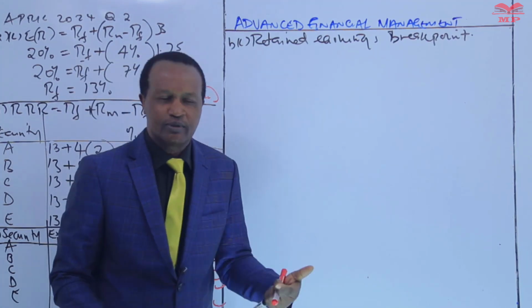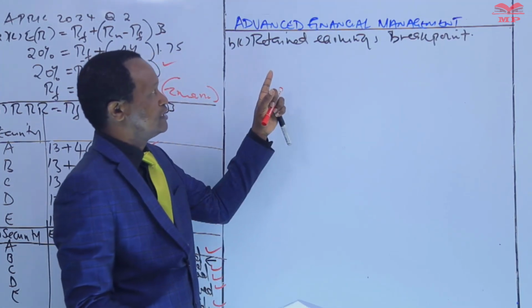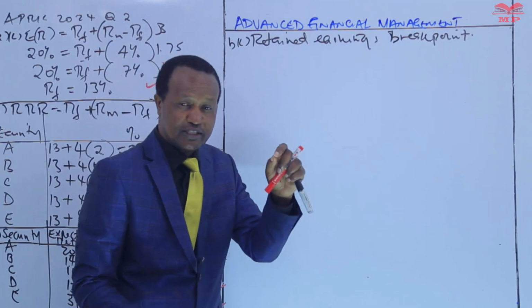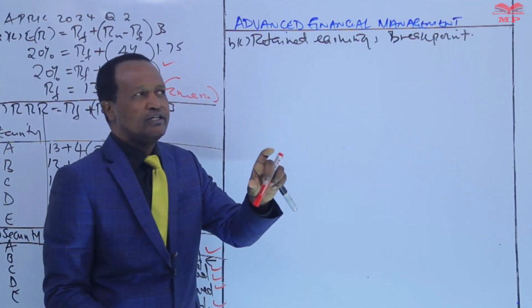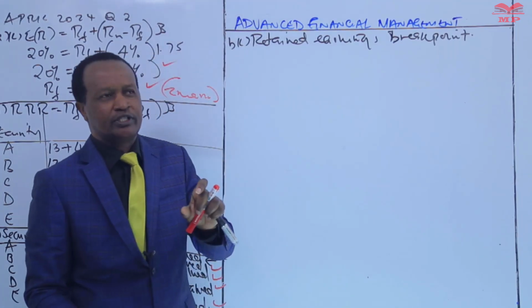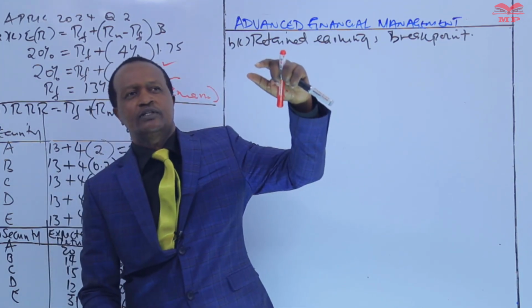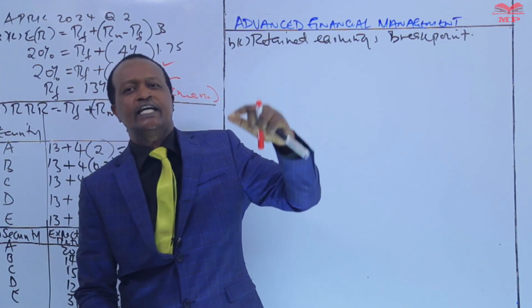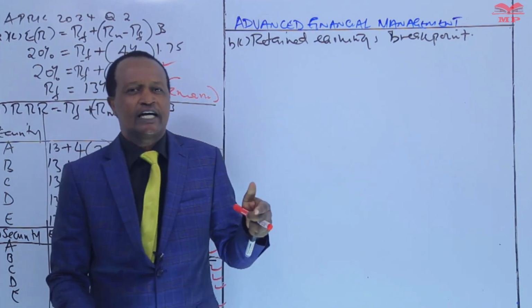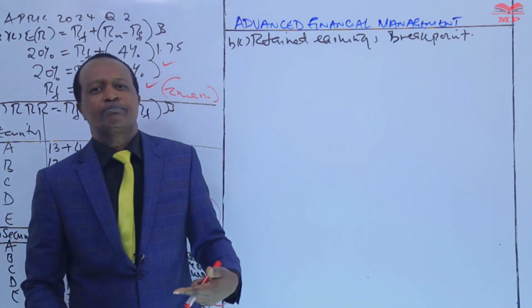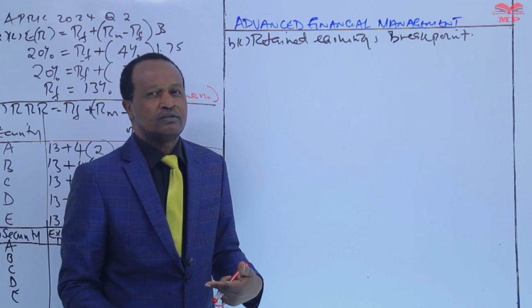Another reason, I'm giving you reasons why this breakpoint is important: staying below the retained earnings breakpoint, because you are saying it is the maximum, gives companies more financial stability. Why?